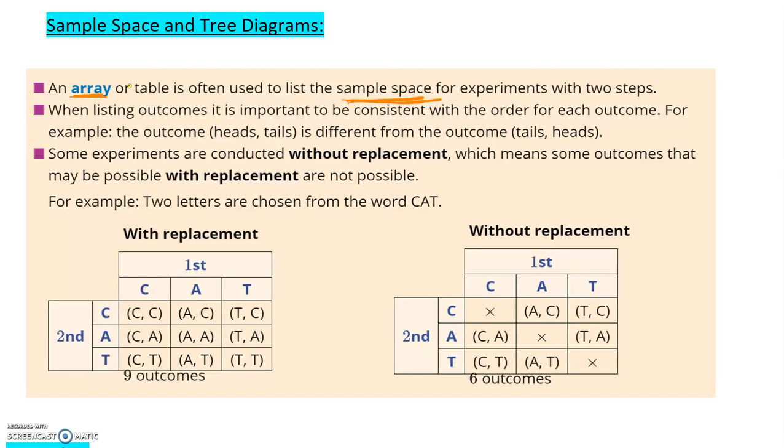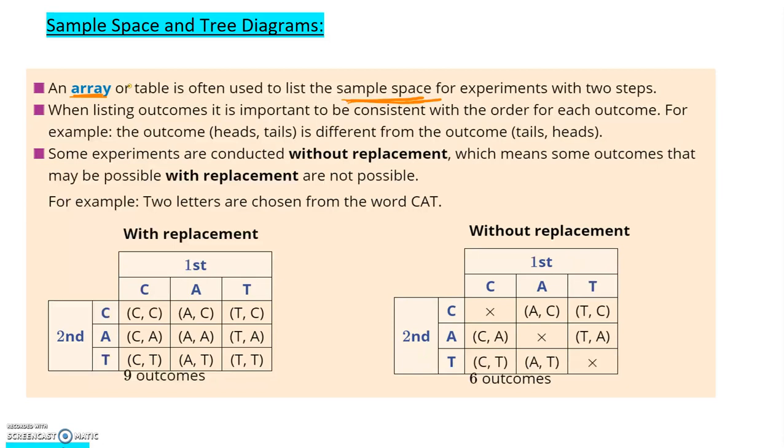Now when we're listing outcomes, it's very important that we are consistent in terms of what order we are getting the outcomes. So for example, if we conduct an experiment of picking a book first and then a pen, when we list the outcomes they have to be in that order of book and then pen. When we look at some examples, then you'll realize what we're talking about.